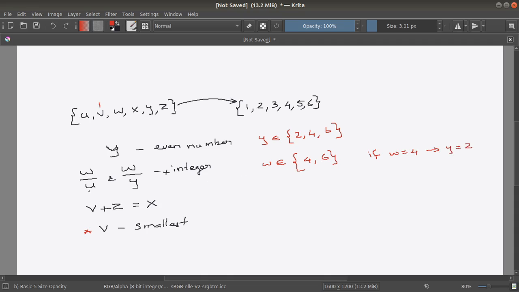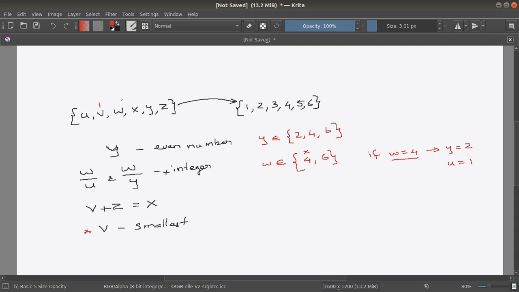And what can I say about u now? In that case, I could say u is equal to 1. Okay, but I have assigned 1 already for the letter v, right? So I can't have this way of assigning, which means that leads to the statement that w equal to 4 is not possible. Okay, so this is not possible, so the w has to be 6.